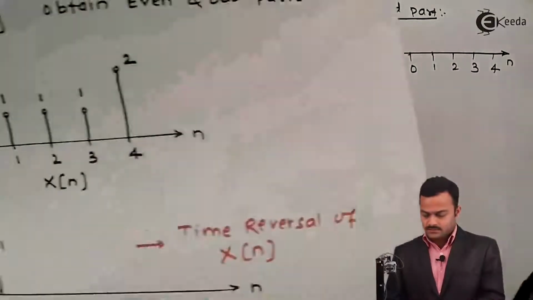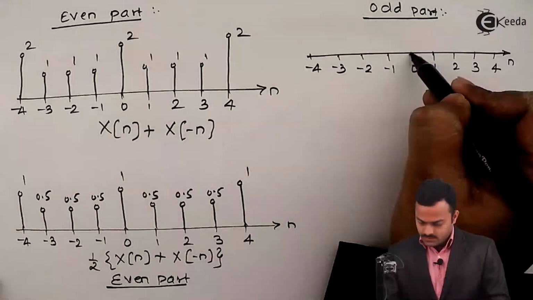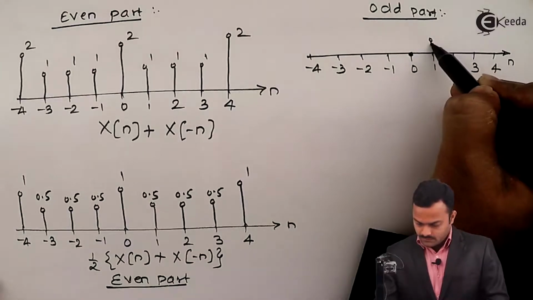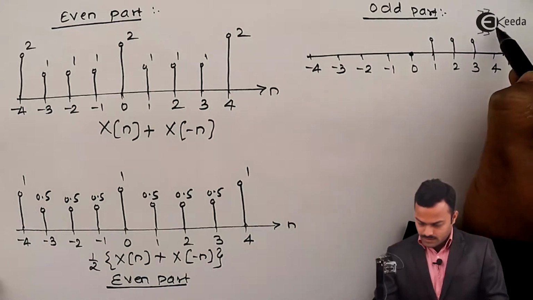So the subtraction will look like this. For n equal to 0, it is 0. Over here it is 1, 1, 1 and 2.